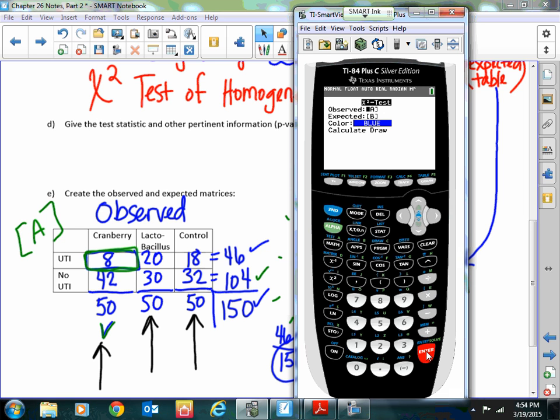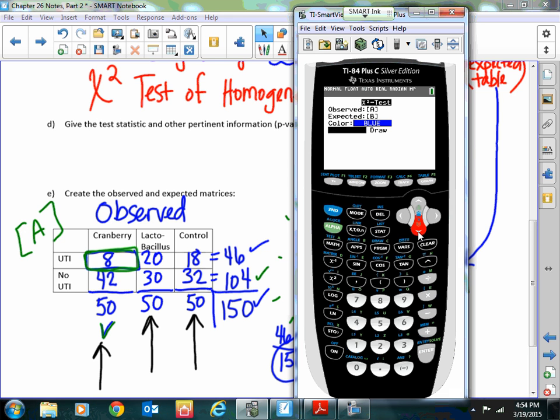Did you put your observed in matrix A? Yes. Now this expected for matrix B, that's misleading. You do not have to type in your expected for matrix B. It will actually compute that for you. So it's technically not necessary to do that by hand. You can let the calculator do that.